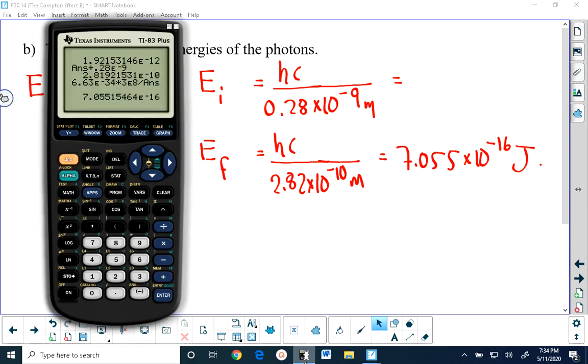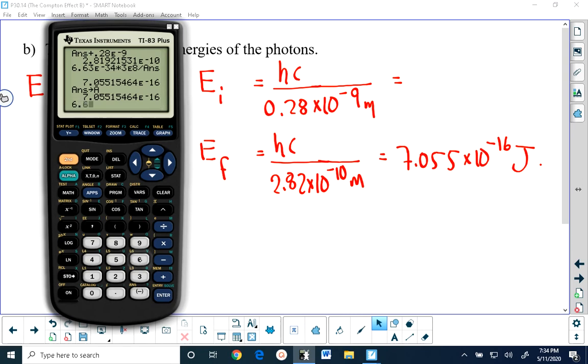And before I go on, I'm going to choose to store that in my calculator as A for after. Now I'm going to calculate the energy that the photon had before.